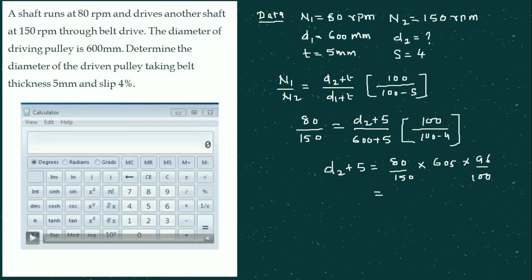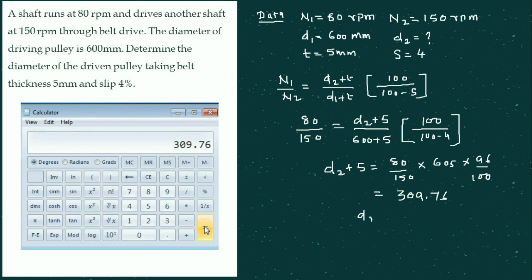So let's calculate this one. Multiplied by 605 multiplied by 96, divided by 150 and 100, which comes out to be 309.76.